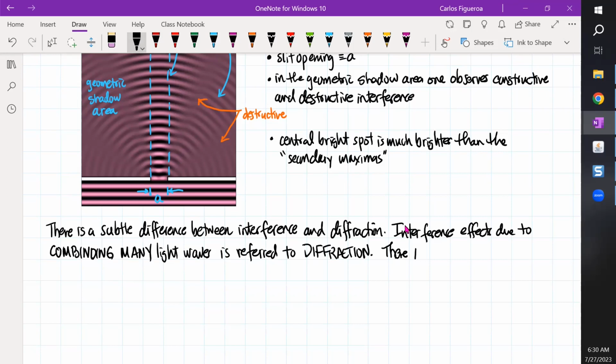There is no fundamental distinction between interference and diffraction.